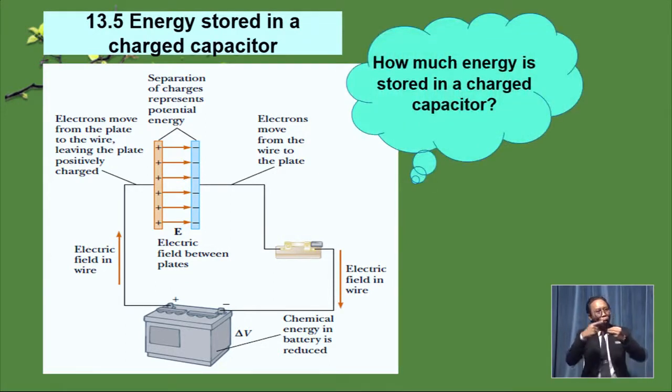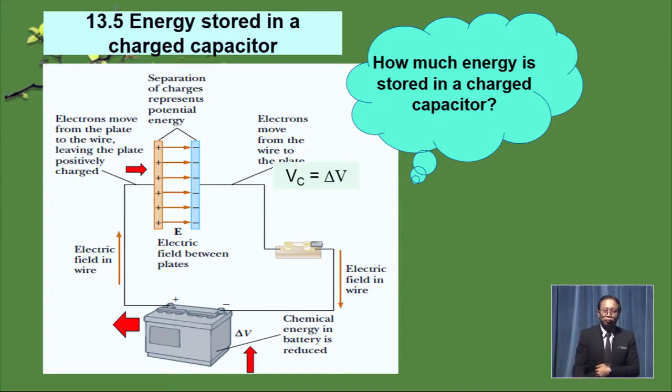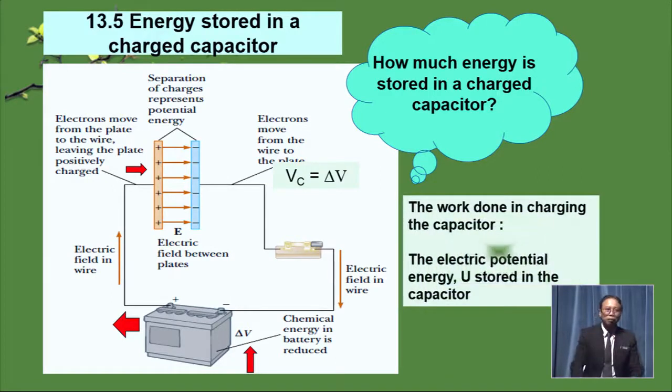When a capacitor of capacitance C is charged by a potential difference delta V, charges flow from the voltage supply into the capacitor until the potential difference across the capacitor Vc equals the terminal voltage delta V. The work done in charging the capacitor is equal to the electric potential energy U stored in the capacitor.